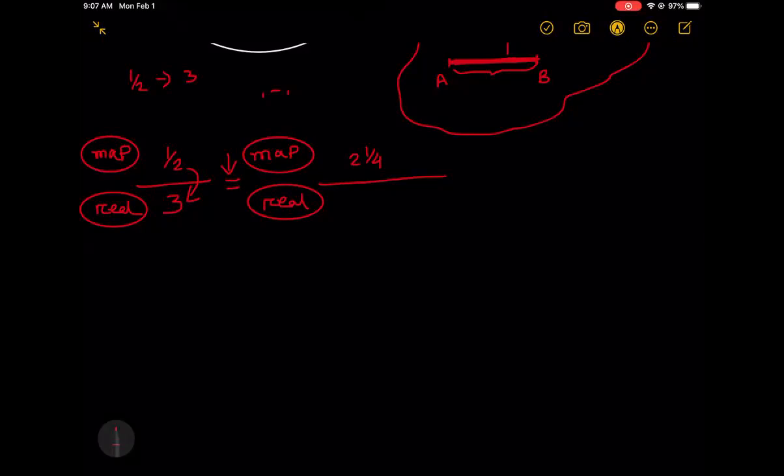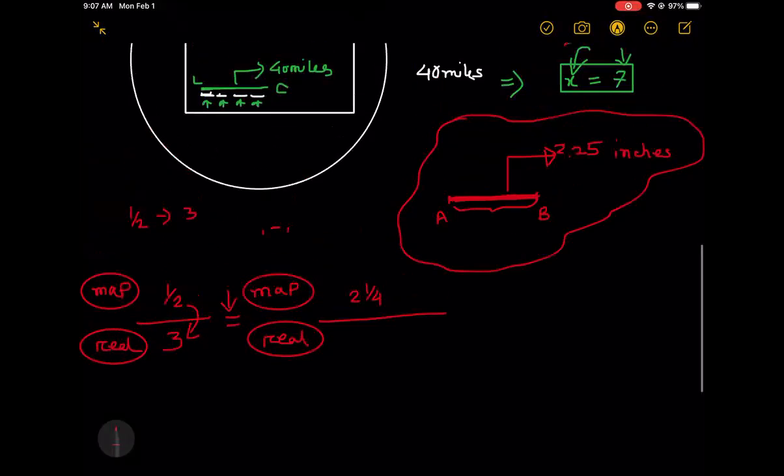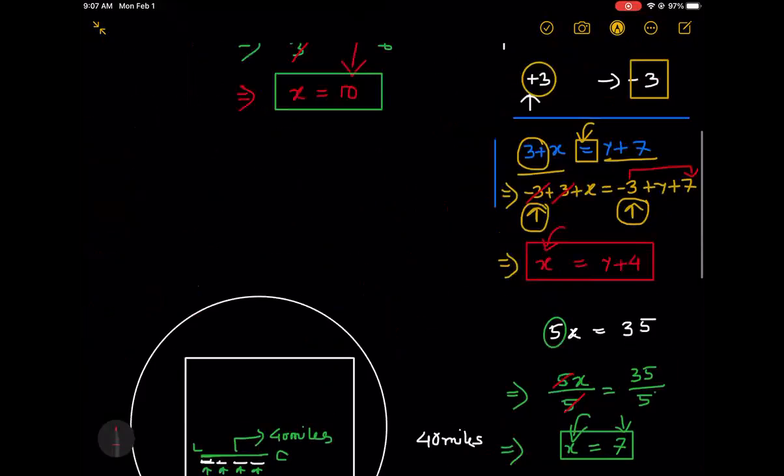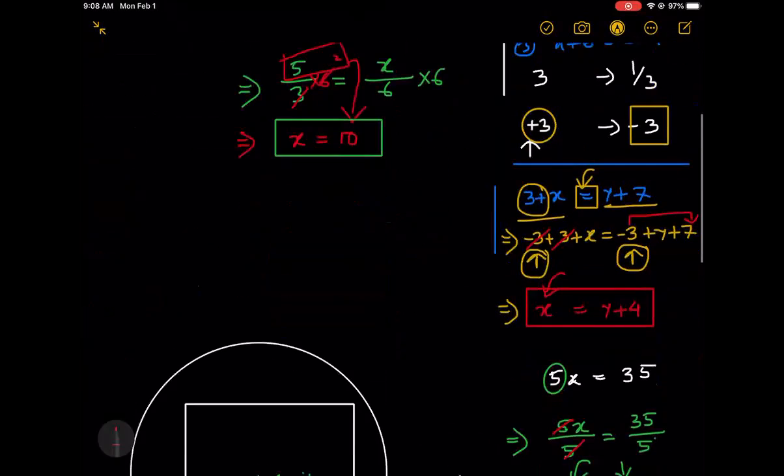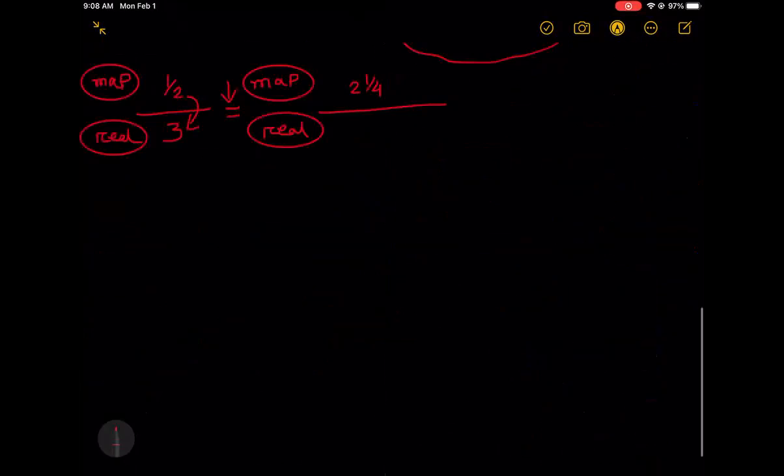If you can set up the equation, the rest will be just the same as Example 13. So it's really important that you set up the equation right. Otherwise, you'll get different results, okay?